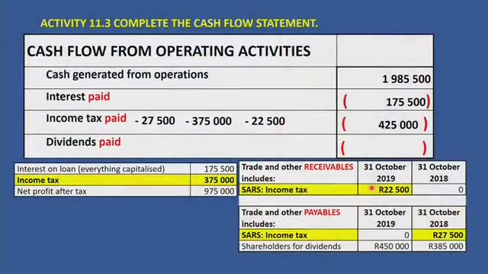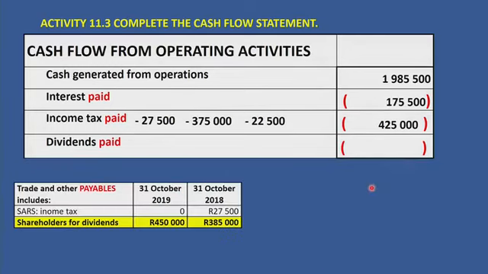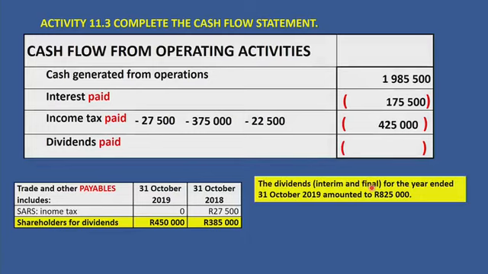Okay. Dividends paid. For that, I need other information. There's my shareholders for dividends amounts, and there's my dividends interim plus final amounts. So again, start at the start, which is the start of this financial year or the end of last year. I owe shareholders 385 and then I pay them. In my method, minus 385.